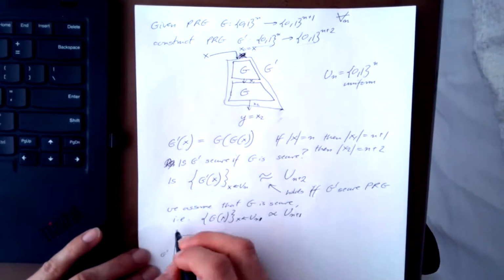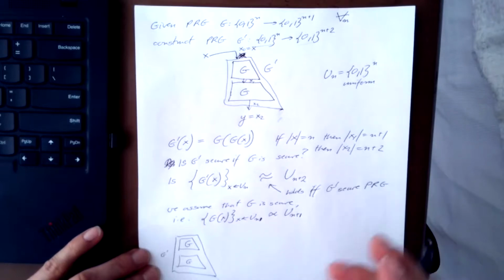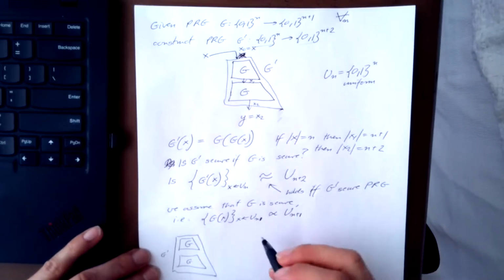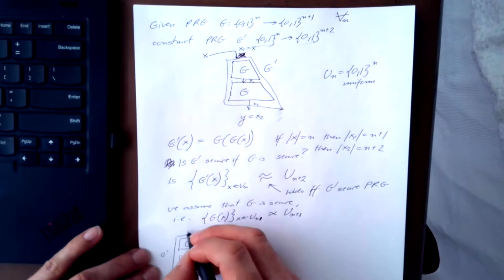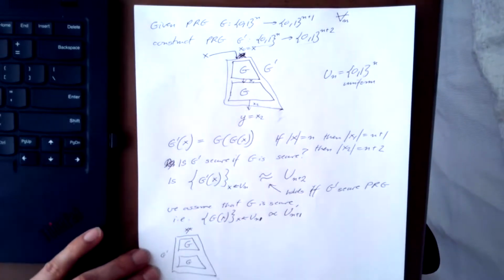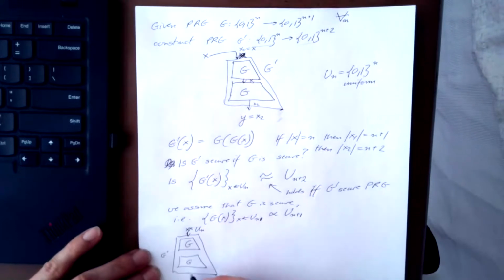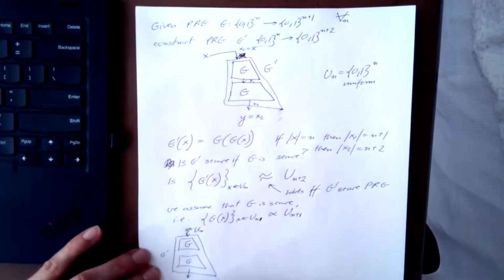This is G prime, right? And let's modify G prime. So here x is taken from Un and fed in here, and we're looking at the distribution of outputs. So these look like G prime of x for x that came from Un.